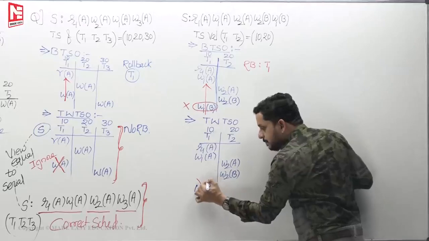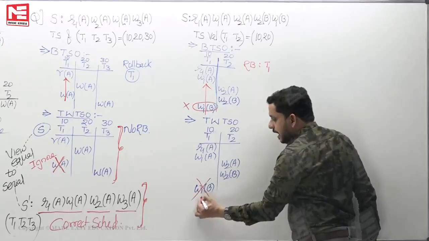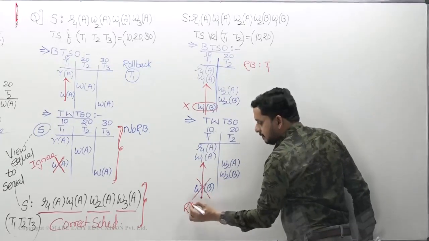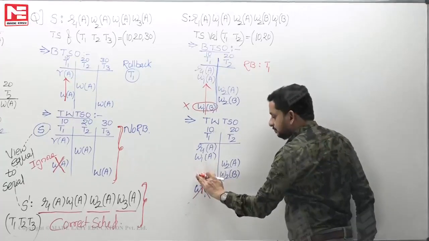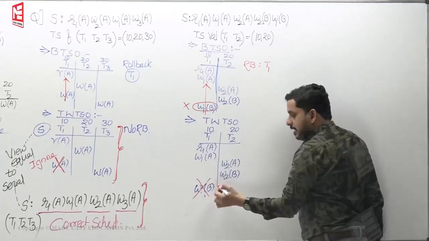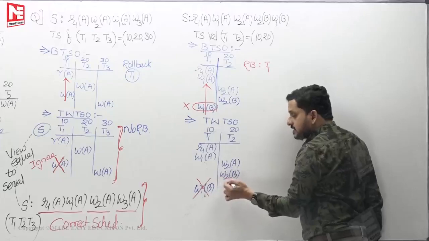Ignore W1B. Sorry, ignore W1B and continue the execution. Okay, so T2 only writes the data item.